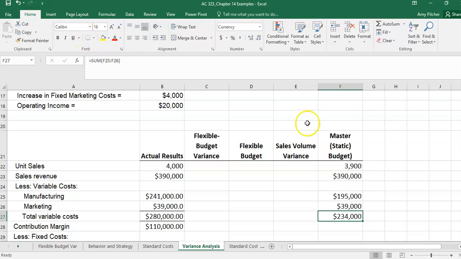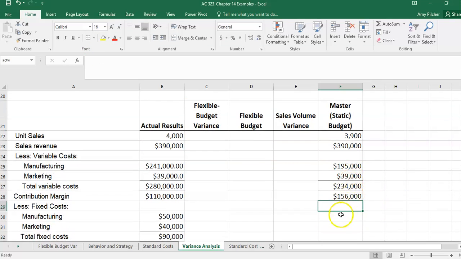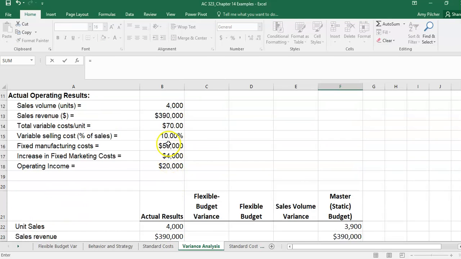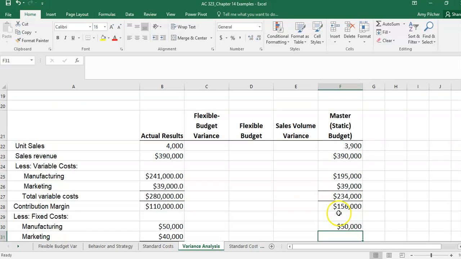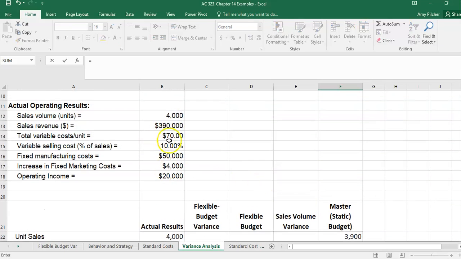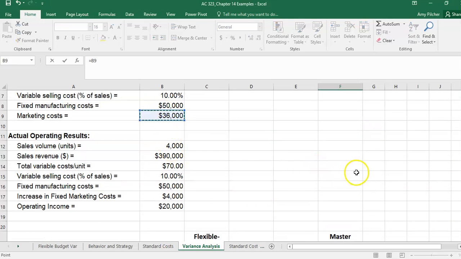So our contribution margin is our sales minus our total variable costs for $156,000. Our manufacturing budget we have is $50,000 for fixed manufacturing and $36,000 for fixed marketing costs.